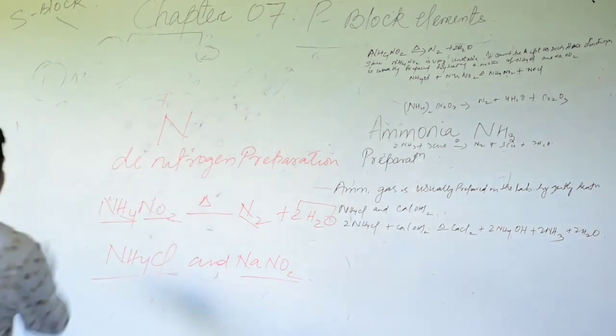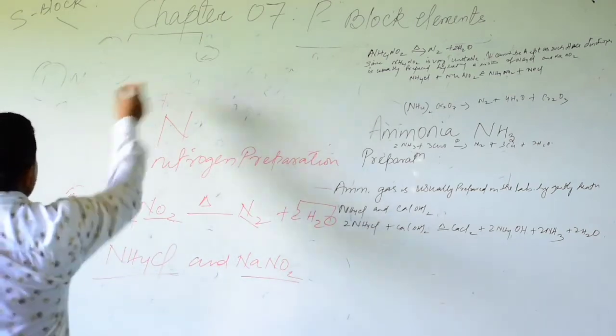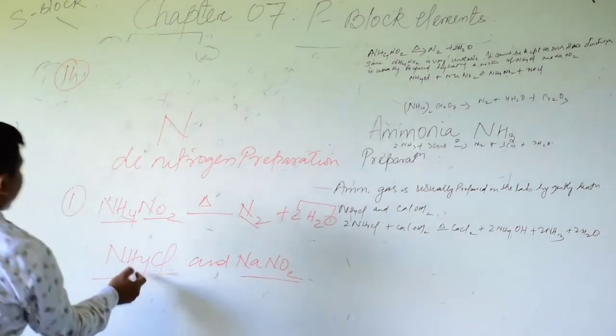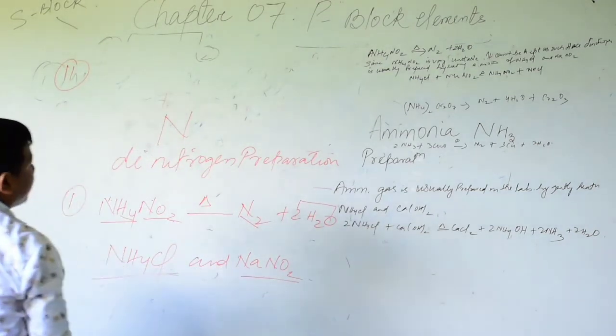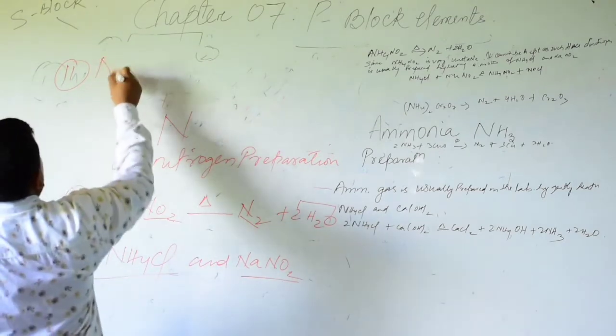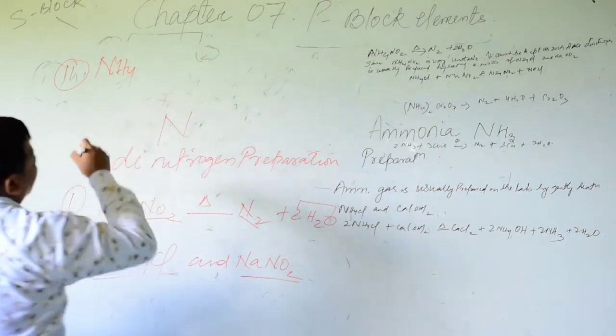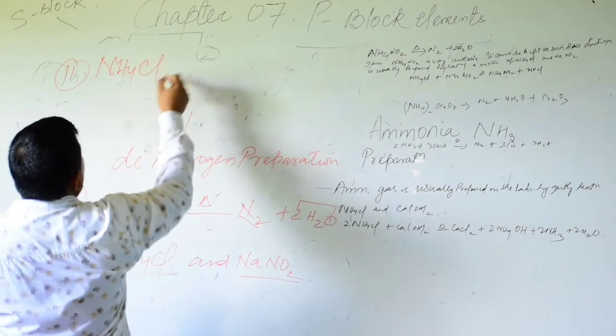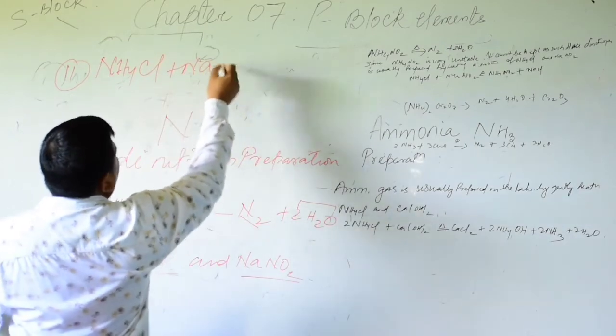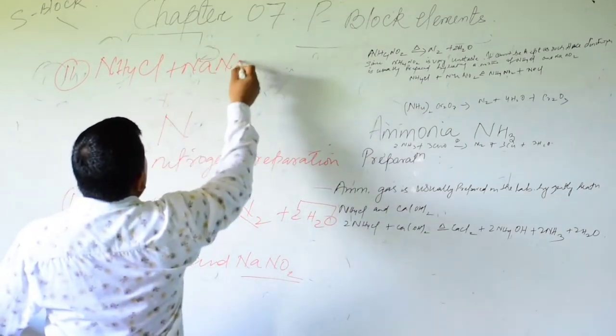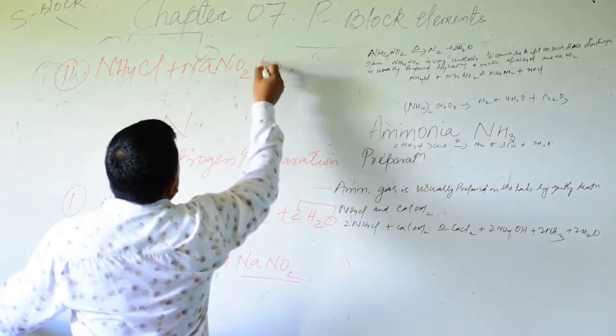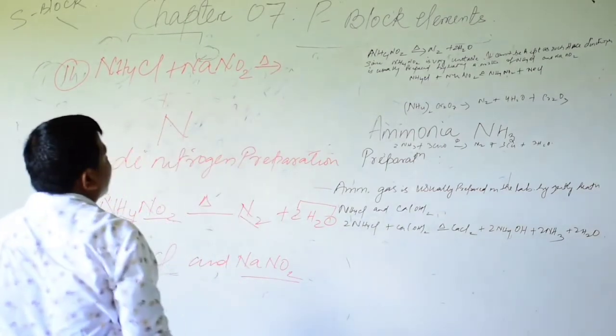I will show the reaction. This is the first reaction. Now the second reaction, with ammonium chloride and sodium nitrite: NH4Cl plus NaNO2. We have to write the delta because it is heating.